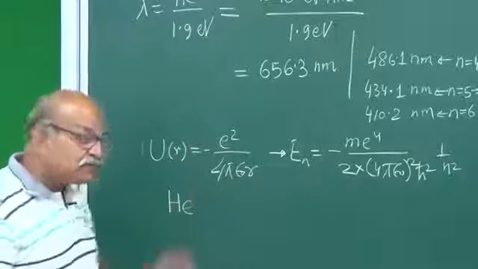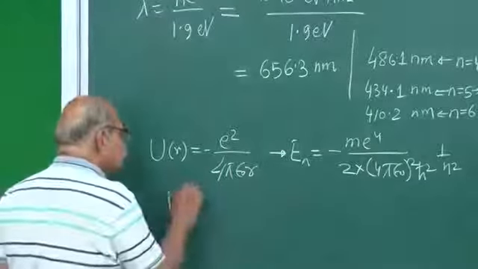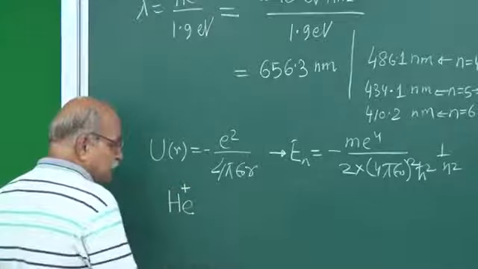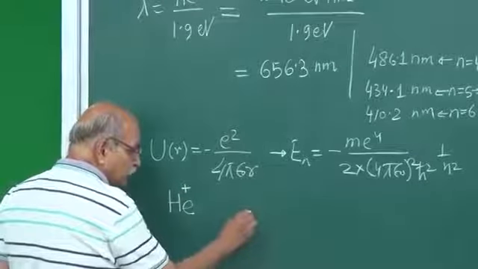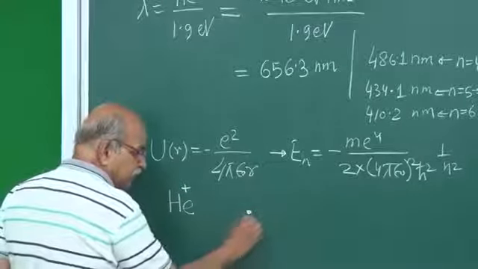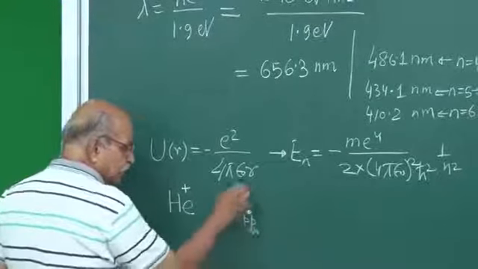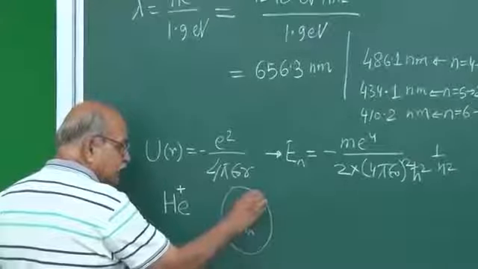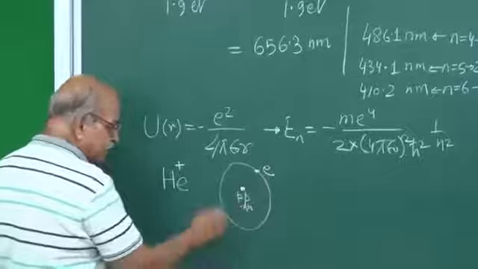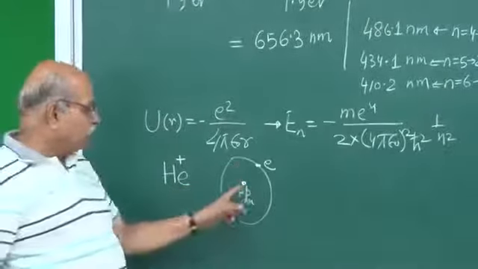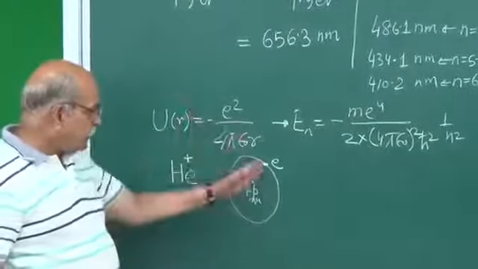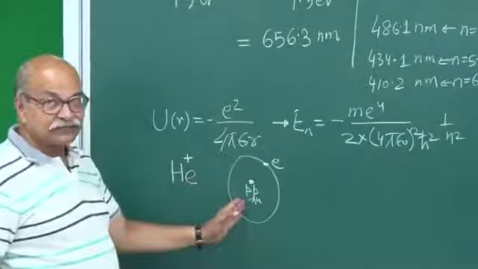So if one electron is knocked out, you have helium plus. So what is the structure? You have 2 protons, and of course neutrons, and then you have 1 electron left. This is your He plus. Of 2 electrons, 1 electron is knocked out, and then you have this He plus ion.